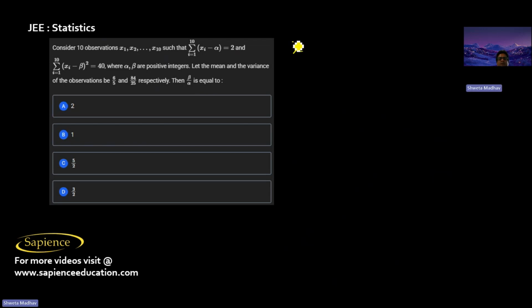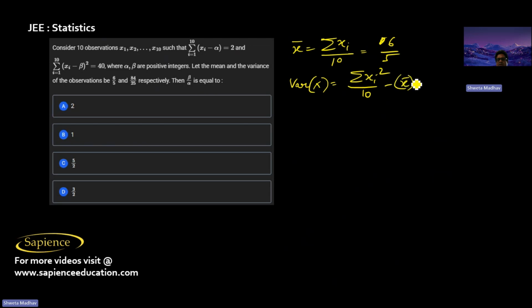Mean means x bar, that is summation xi by 10, since the number of observations is 10, and that is equal to 6 by 5, and the variance of x is equal to summation xi square by 10 minus x bar square, that is equal to 84 by 25.